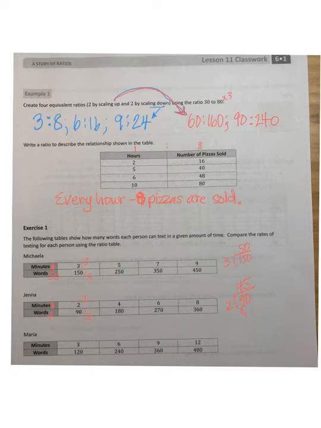So Jenna in a minute can text 45 words. And Maria, nice name, divide by 3 to get it down to per minute. So 120 divided by 3, there's a 40, okay? So we've got all of their rates per minute, right?